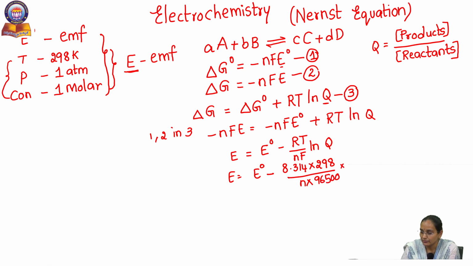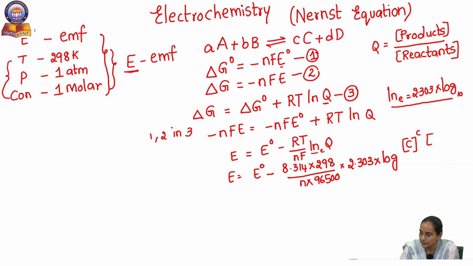To convert the natural logarithm into the base-10 logarithm, we multiply it with 2.303, into log of the reaction quotient, which is products by reactants. So the concentration of C to the power c, D to the power d, divided by the concentration of A to the power a, B to the power b.